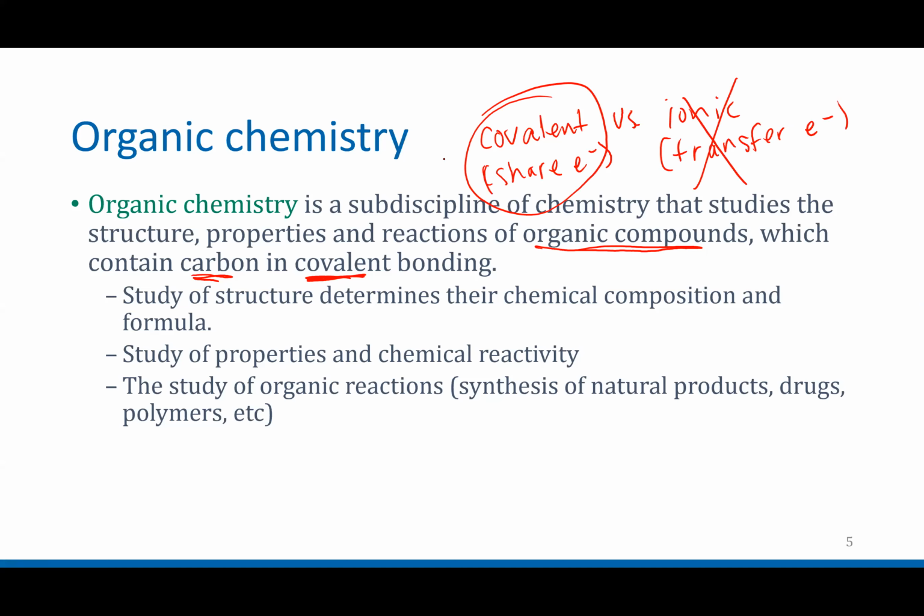In organic chemistry, we can study chemical structures to look at their chemical composition and their formula. We can study the properties and reactivity. Properties could be things like boiling point, and boiling point is a very important concept in hydrocarbon, or petroleum, chemistry, because the properties that determine boiling point are directly related to your distillation columns.